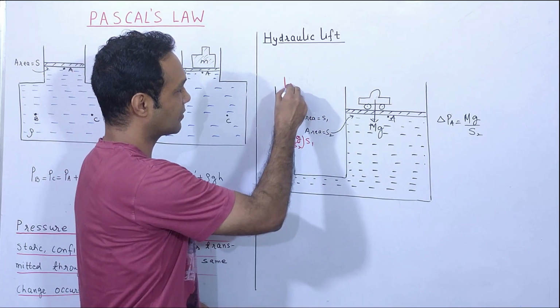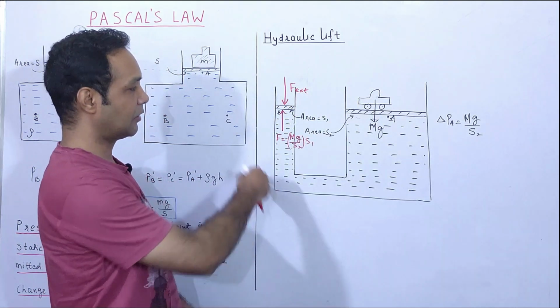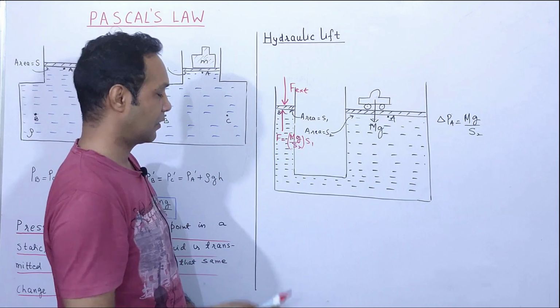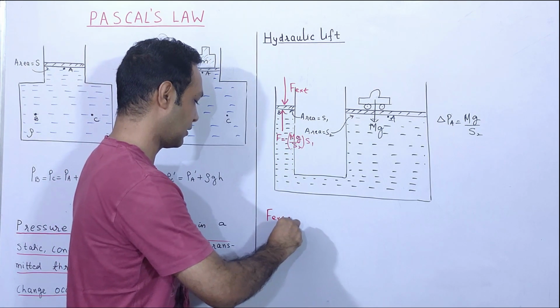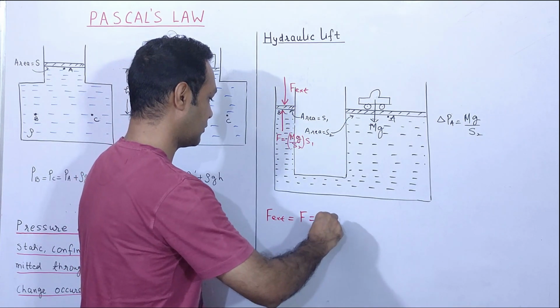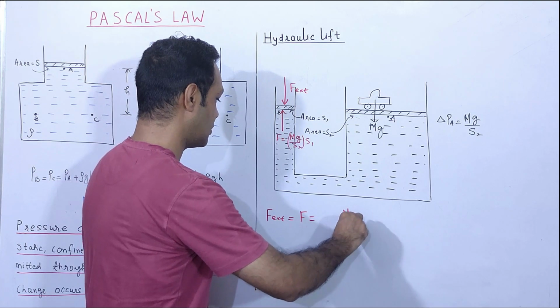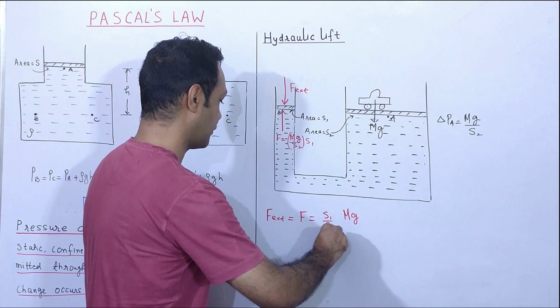So this F external will be equal to this F, and this F is equal to mg into S1 by S2.